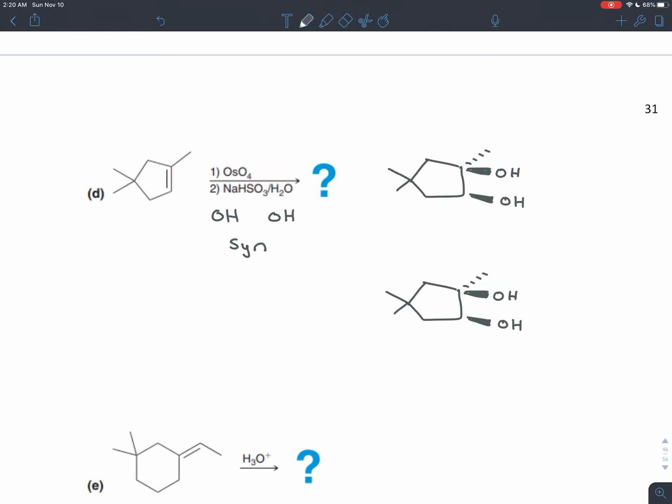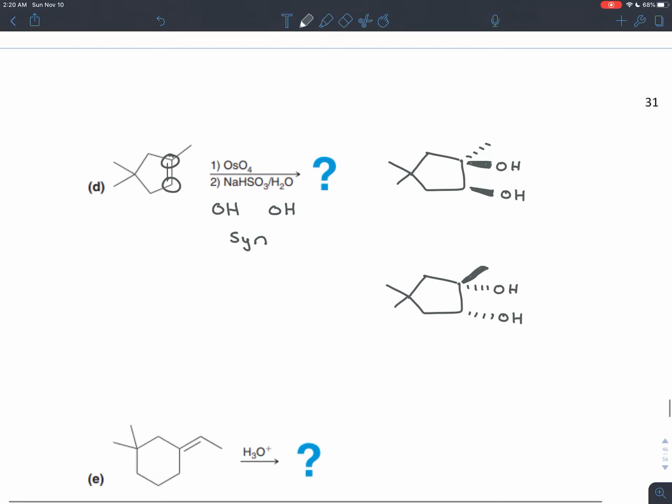So that's one possibility. We do have chiral centers here, though, and so we have to draw the enantiomer of this molecule because this alkene is flat, the carbons in the double bond are trigonal planar, and so the reaction could happen equally likely on either face of the molecule. So to get the enantiomer, switch all the bonds. If you have a solid wedge, turn it into a dashed wedge. If you have a dashed wedge, turn it into a solid wedge. Again, if you have a solid wedge, turn it into a dashed wedge.